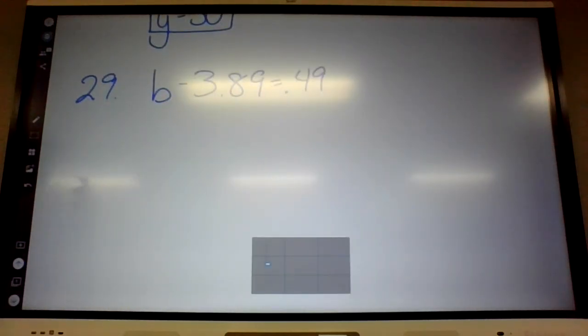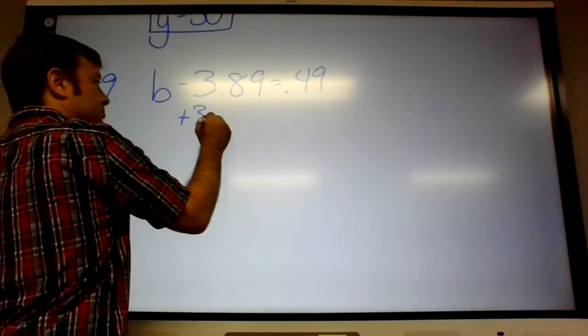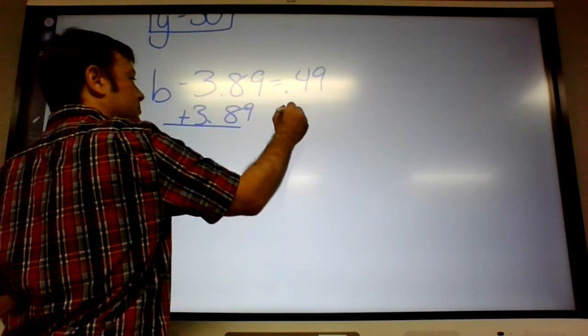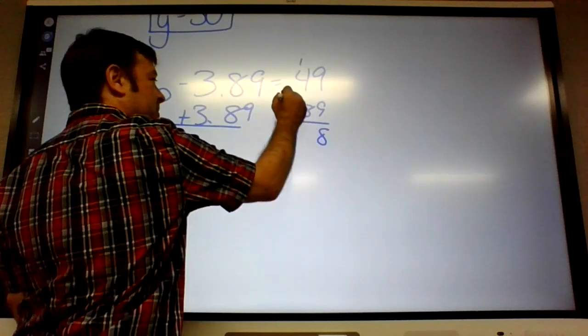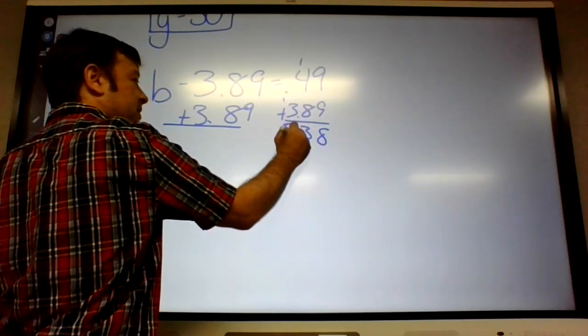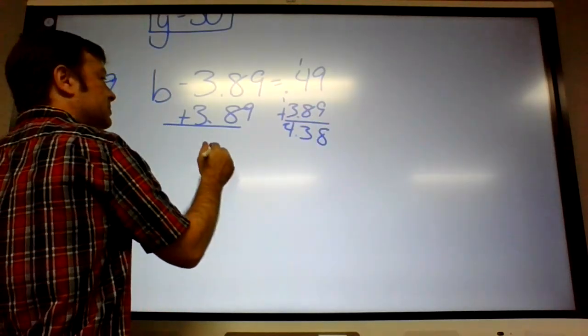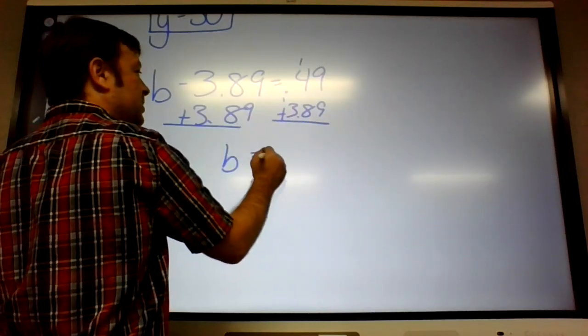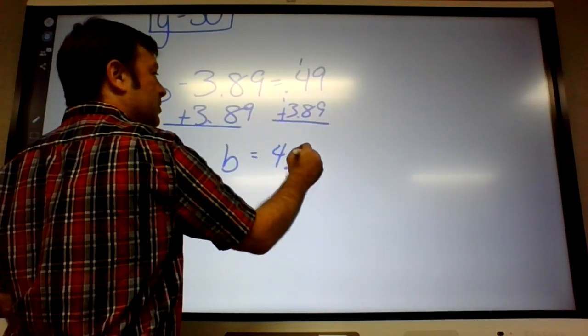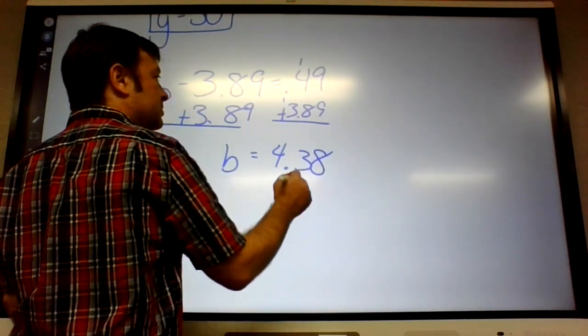You add 3.89 to 0.49. Okay, so yeah, the decimals should be lined up there for me to do this. Should have written that neater. B equals 4.38.